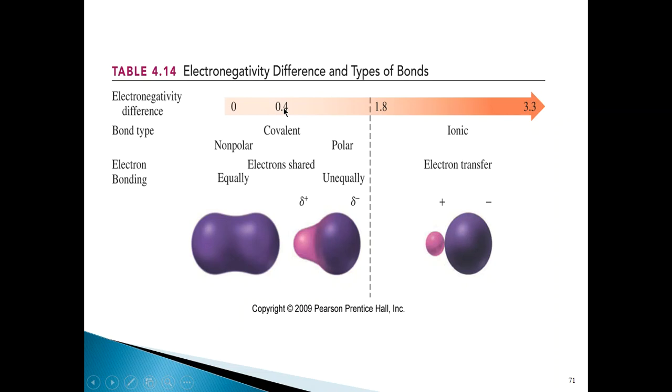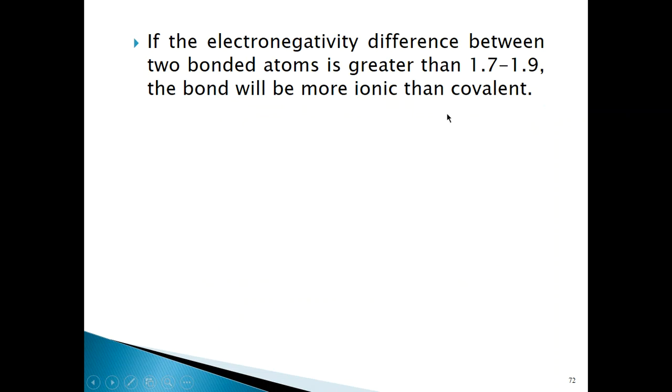If the difference lies between 0.5 to 1.7, then the bond is considered to be polar covalent. And if the difference lies from 1.8 and above, then basically that bond is considered to be an ionic bond. So those are basically the criteria that we use to tell the bond category, whether it's ionic, polar covalent, or nonpolar covalent.